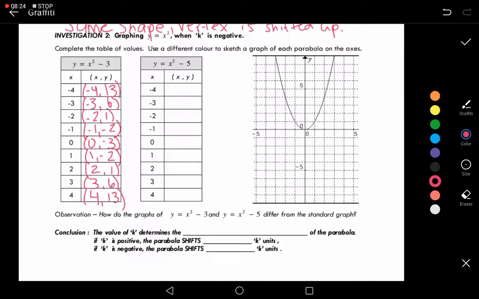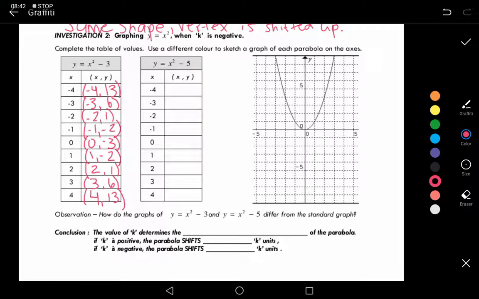So we're going to go over to our graph here, or our axes rather, and graph these points. So again, we'll only be able to graph the points that can fit on this axis. So the 4s we won't be able to do, but we can start with -3, 6.